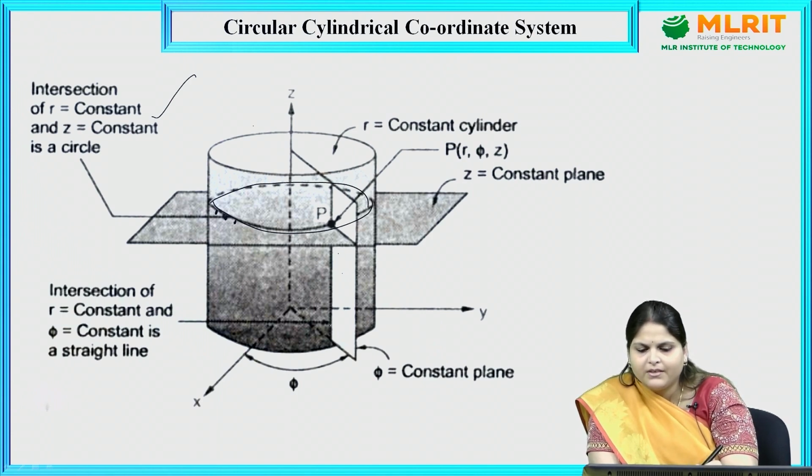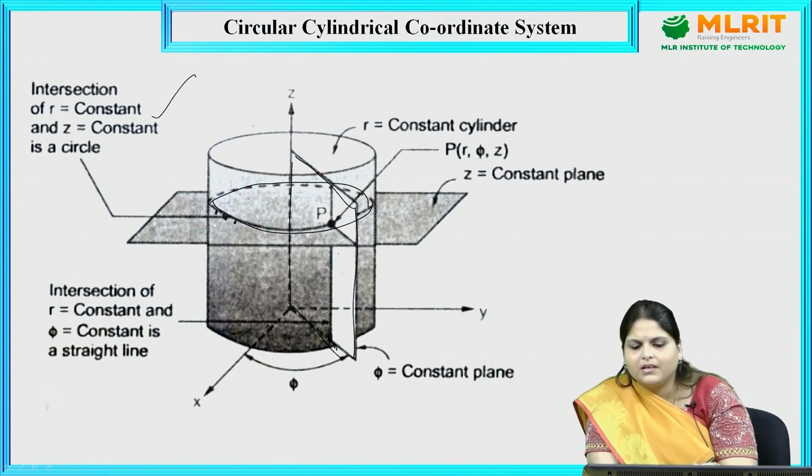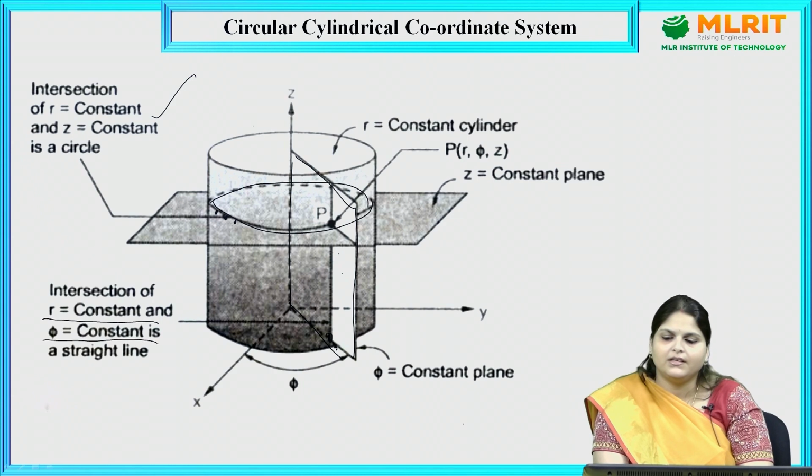Somewhere here, when we have this phi constant plane, we are getting the intersection of R constant and phi constant, right?